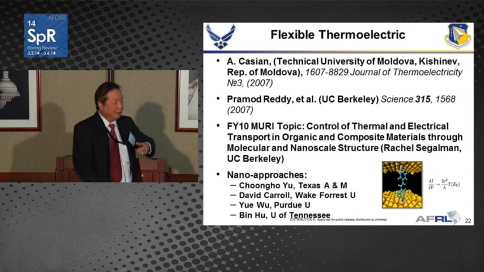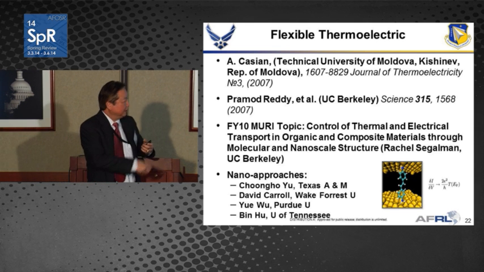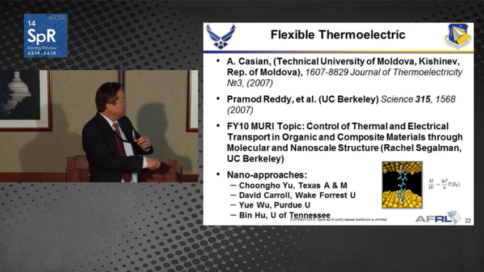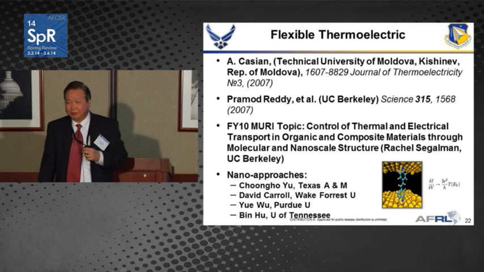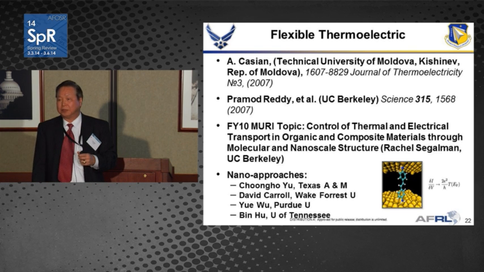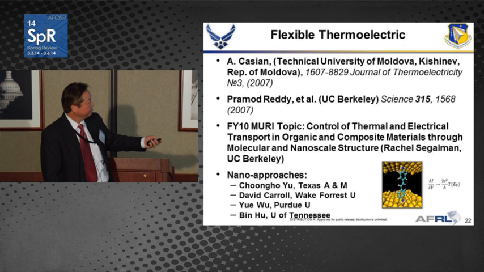And then there's a science paper published at that time that were able to measure the thermoelectric properties of a single molecule. Therefore, we started a MURI to address this area, and also we started several single investigator programs in order to look at different approaches.